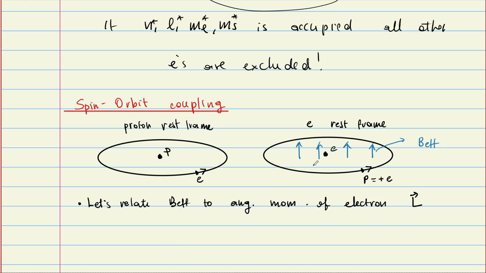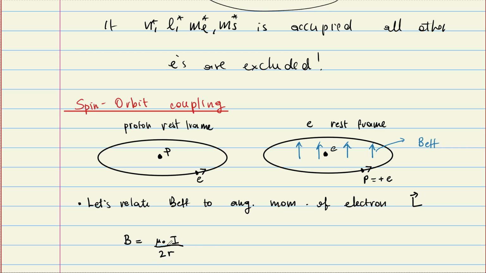Maybe I ask you, what is the magnetic field generated by a current loop? Does anybody remember? So B, let me forget the vectors for just one moment, it is mu0, this is not the magnetic moment, this is the vacuum permeability, from electromagnetism, times the current, divided by 2R.